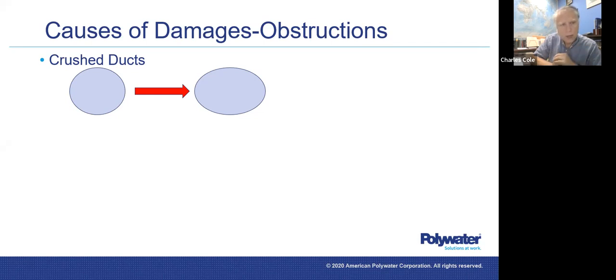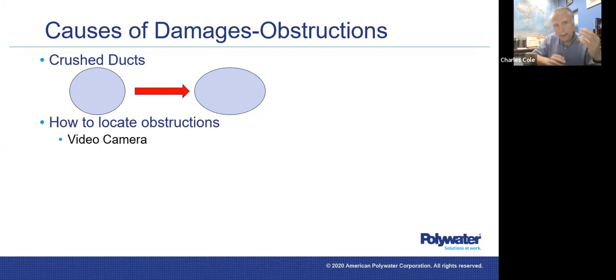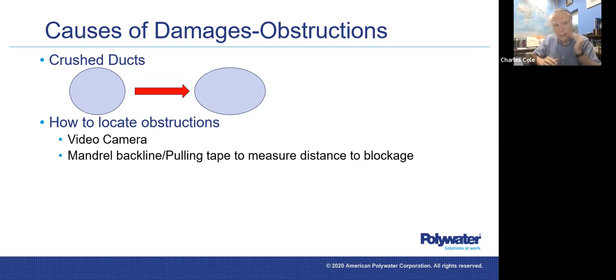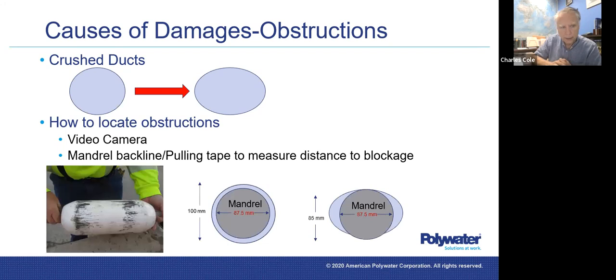I'll just show you, over the next couple of clicks, how to locate obstructions like these ovalized ducts. You could use a video camera, or you could use a mandrel, a backline, or a pulling tape to measure the distance.